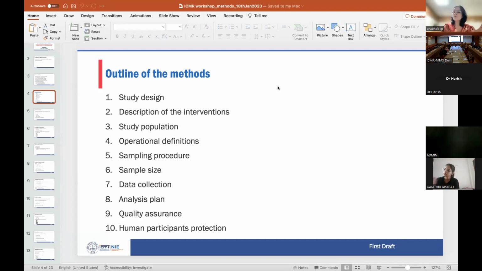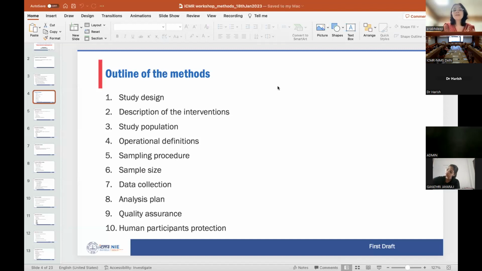So you can do quality assurance at the data entry level. But if you are doing paper-based entry, then you can do double data entry for the quality assurance. And the next level is data cleaning and analysis. So at each level, you can do quality assurance.